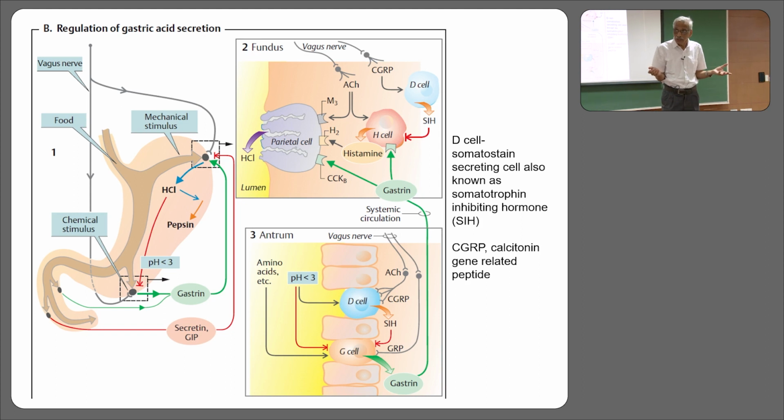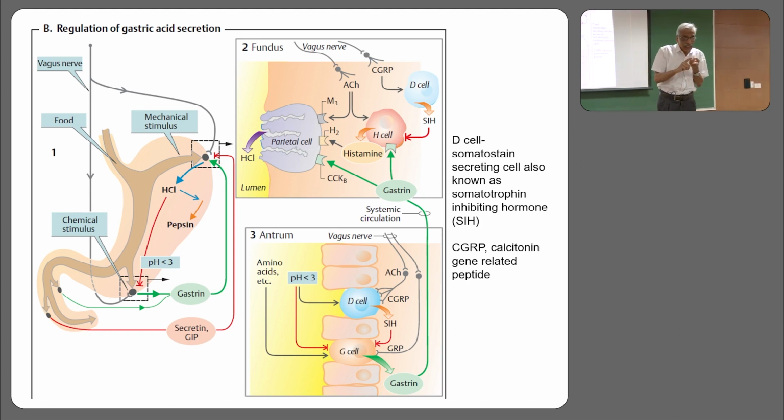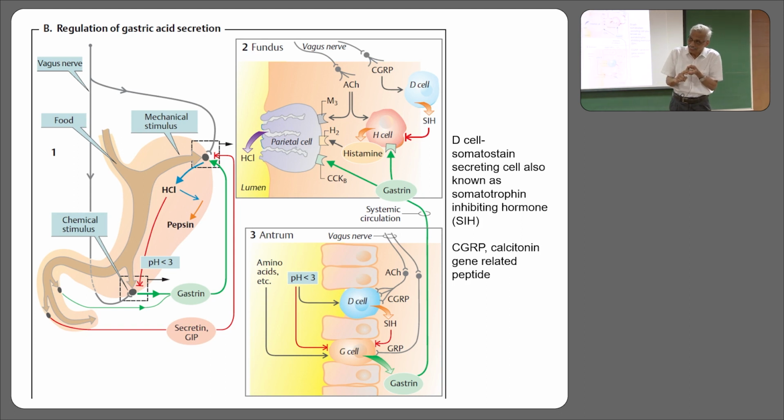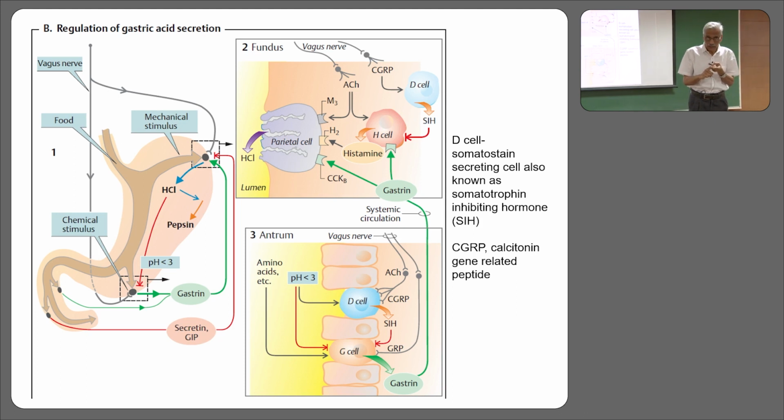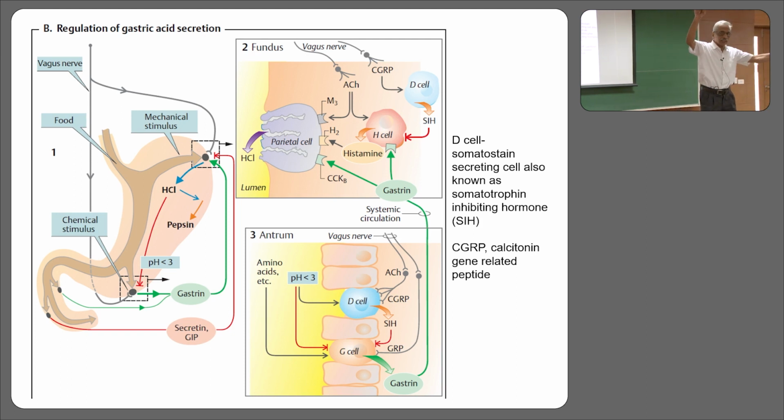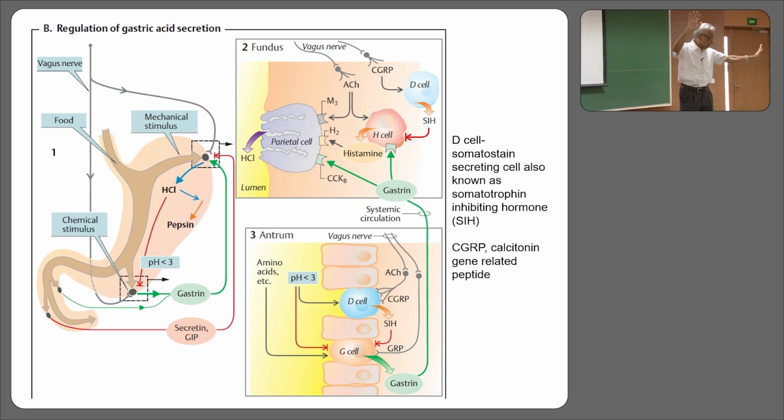I don't know the answer, but I ask: do the gastrin cells have sensors for pH? Once the pH goes past a particular limit, the gastrin cell itself is inhibited so that it no more sends the signal to the parietal cell. I'm not telling you that it is, I'm just asking you to think about it.